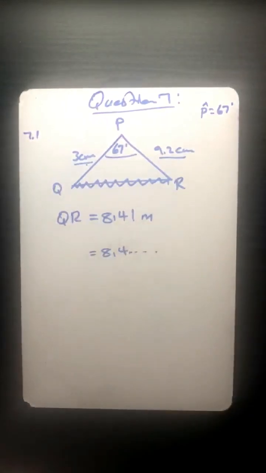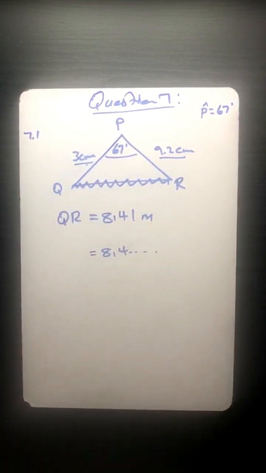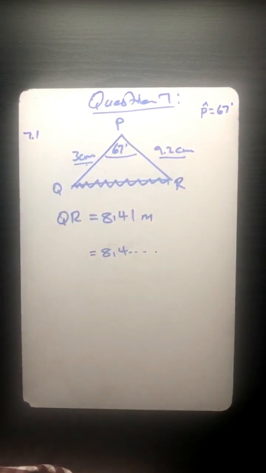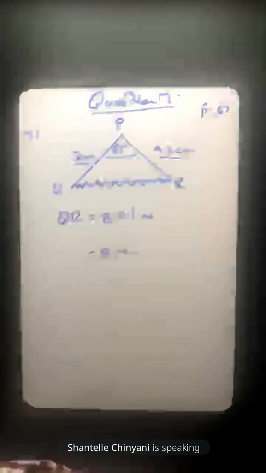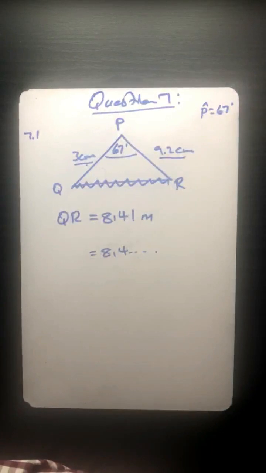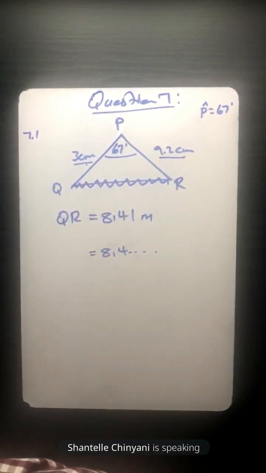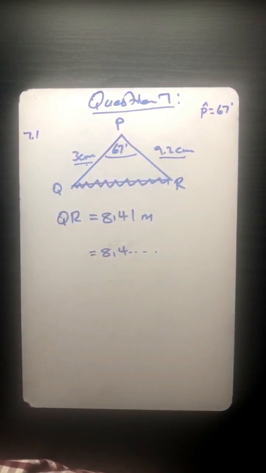Shanti, can you explain why that answer is wrong? Is the answer wrong, sir? It's not because I square rooted 72,07, but I think I was supposed to use 3 decimal places and then square root, because I got 8,48.